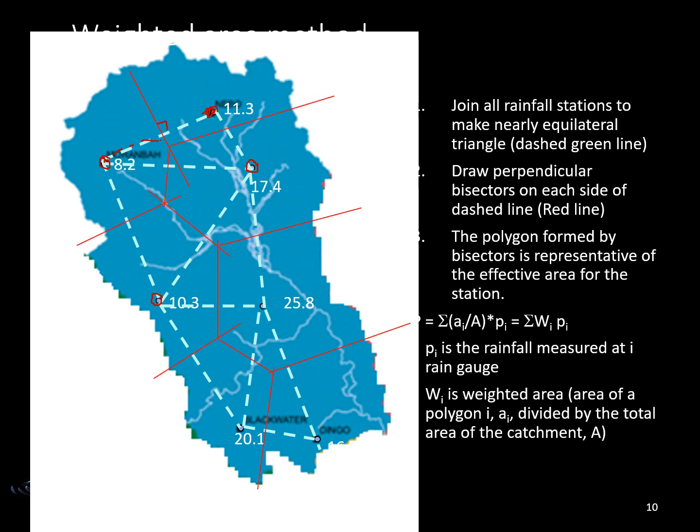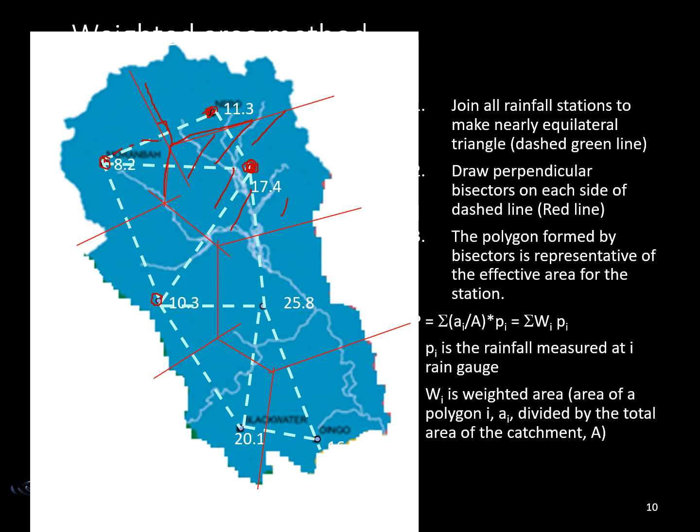This is the next perpendicular line, and this is the third perpendicular line for that particular triangle. This way, we calculate the affecting area of these particular rainfall stations.